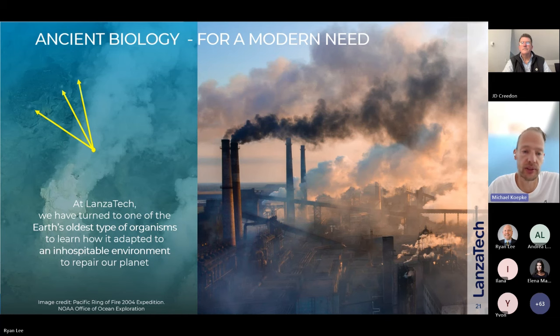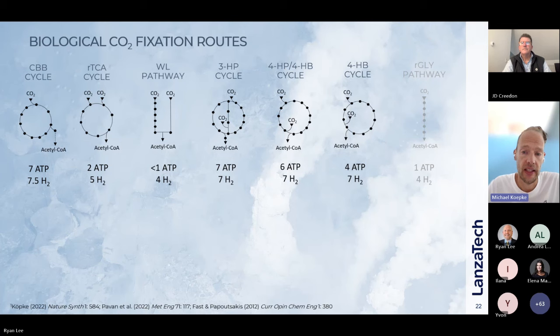Today there are at least 7 known biological CO2 fixation routes. When LanzaTech started, the first 6 were known. And there's really one that stands out. It's linear and not circular, but it's the most energy efficient one.